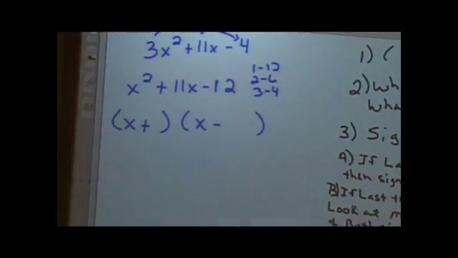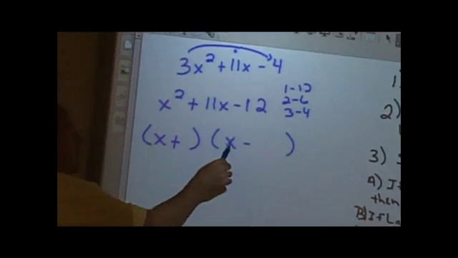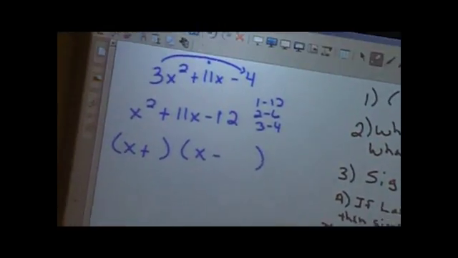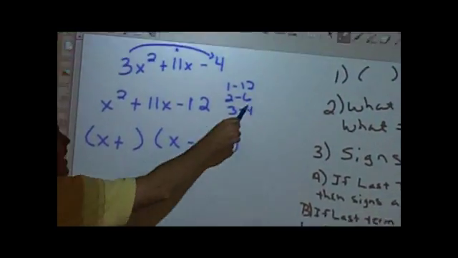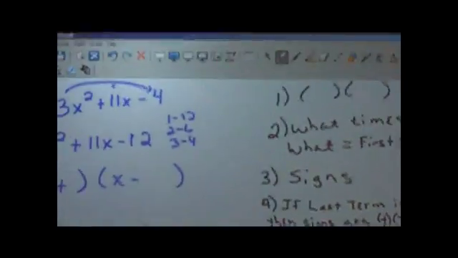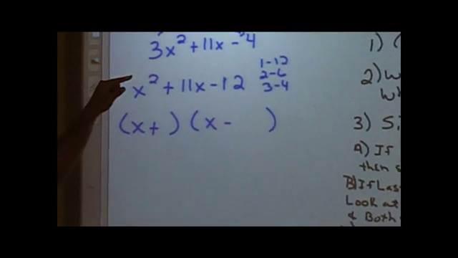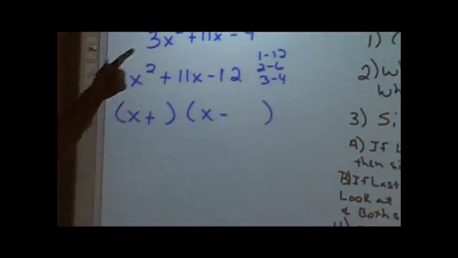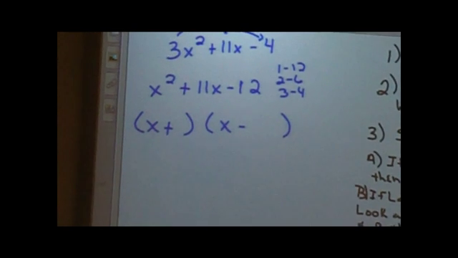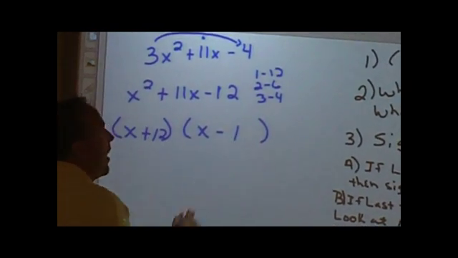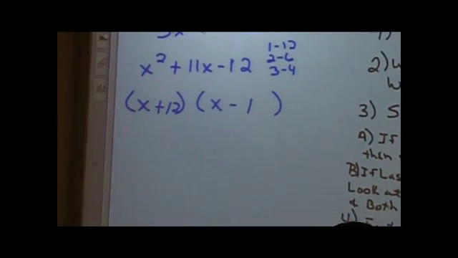My signs are opposite, so I'm subtracting. Which factors, when I subtract, will give me 11? 12 and 1. My biggest factor has to keep my middle sign, so the 12 goes to the positive.